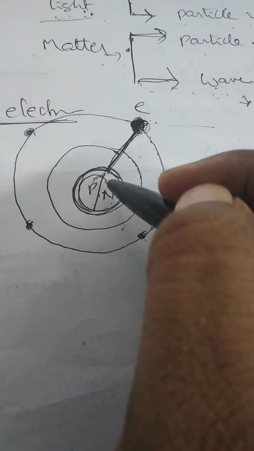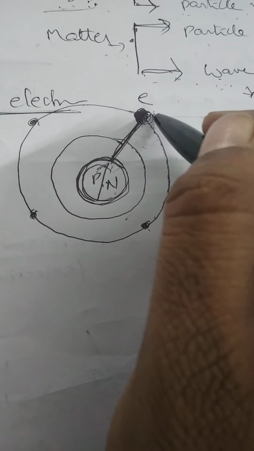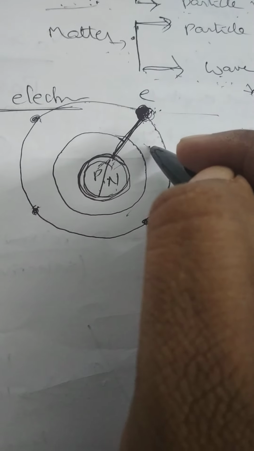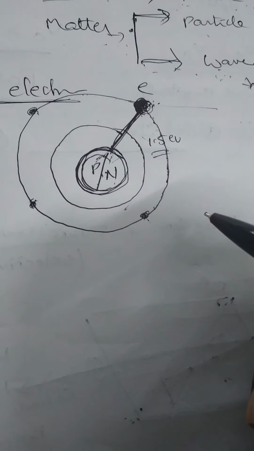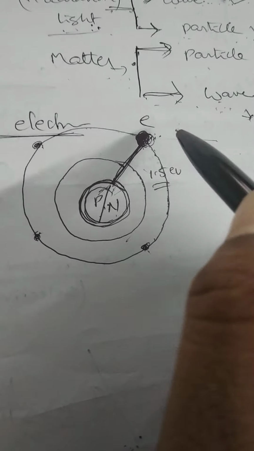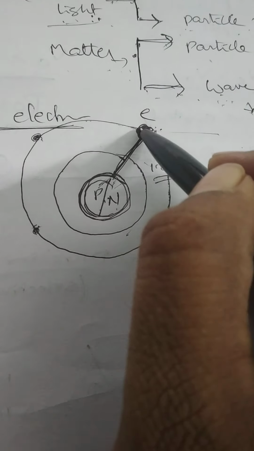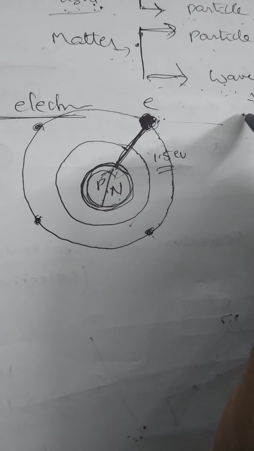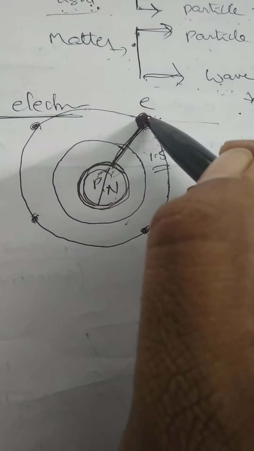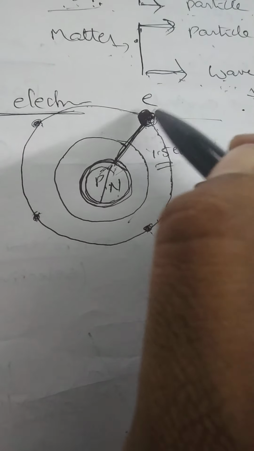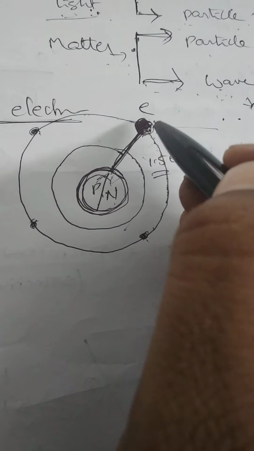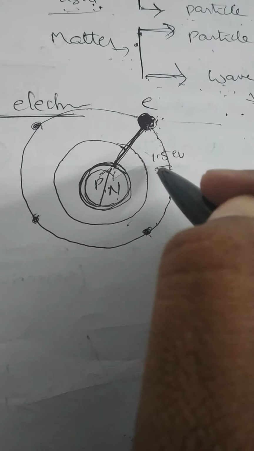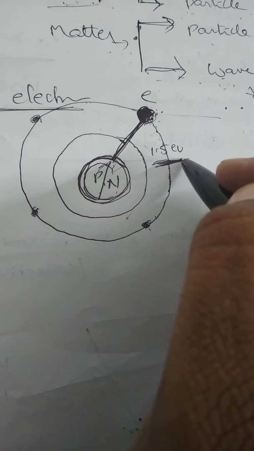Let the interactive energy between the electron and the nucleus be, suppose, 1.5 electron volt. For example, now our aim is to remove the electron from this given atom. So to remove this electron from the nucleus attraction, the minimum amount of energy supplied to the electron is equal to 1.5 electron volts. Are you understanding?